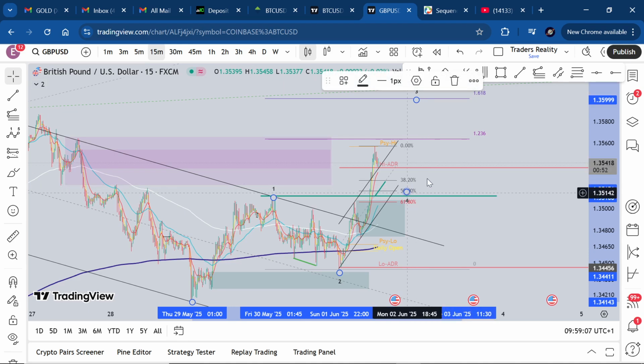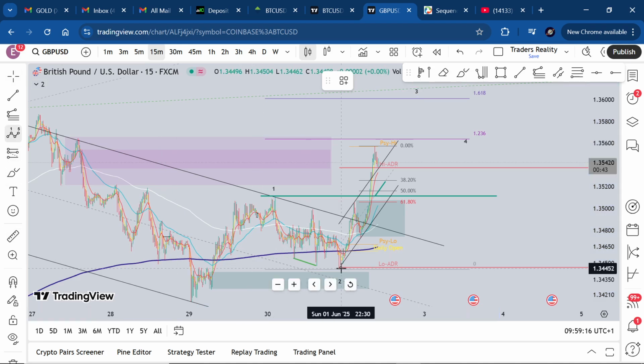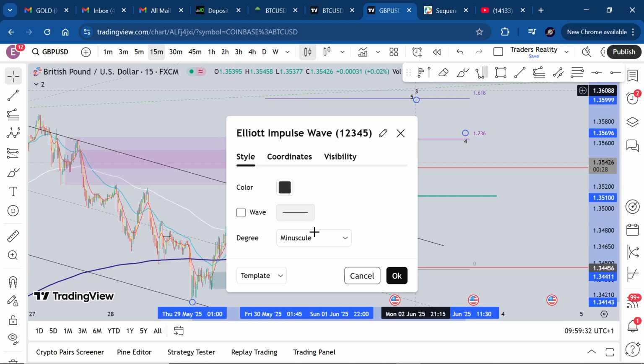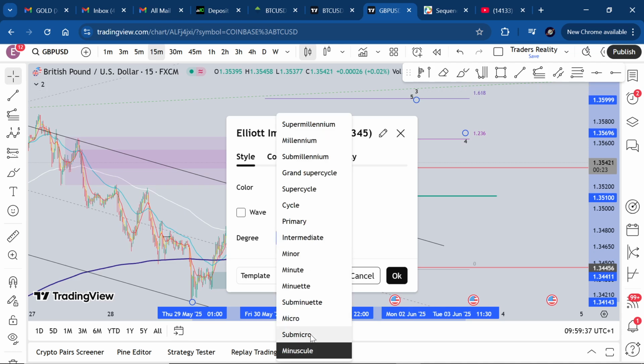But this is for that first higher degree move. So if we just go internal and count internal waves, we've got 1, 2, potentially a 3, a 4, looking for the 5, which will give us the higher degree 3. So let me just change the degree on that and the color.